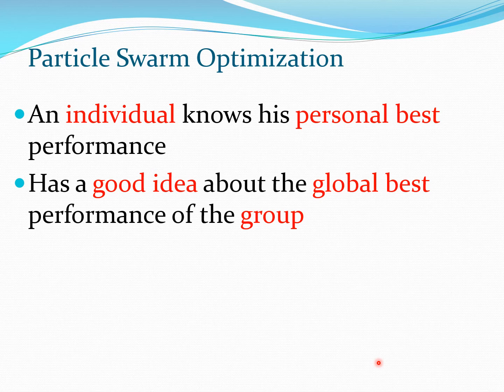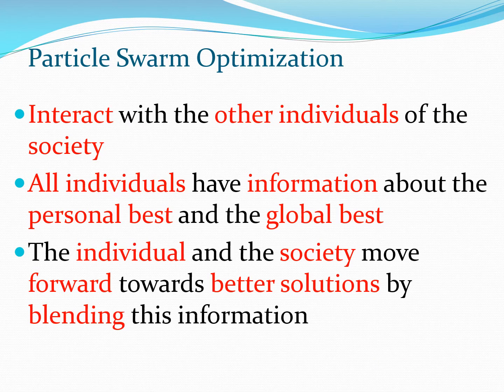And this case also takes place if you look at any group or member in a team. They would typically know who is the best member in the team and what has been their own personal best performance. So whenever the creatures are interacting with the different individuals in the society, all the information about the personal best and the global best is typically known to all these people.